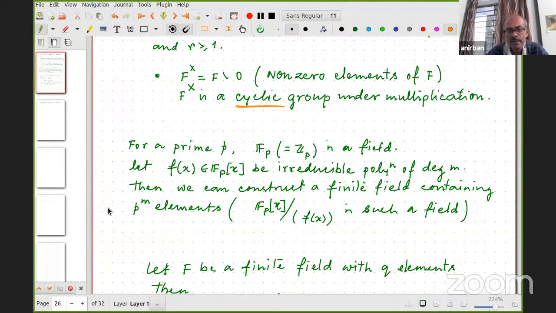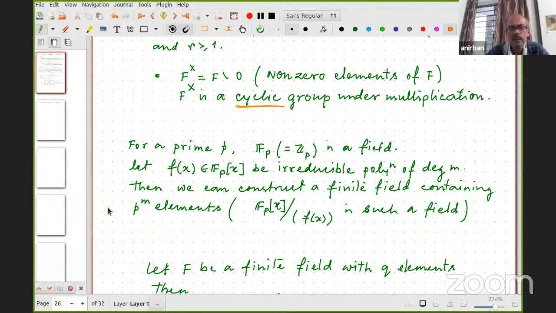And if we have an irreducible polynomial over Fp, so it's an element of the polynomial ring Fp[x], a polynomial with coefficients coming from Fp, and it's irreducible there, and suppose the degree of that irreducible polynomial f(x) is m, then we can construct a finite field containing p to the m elements.